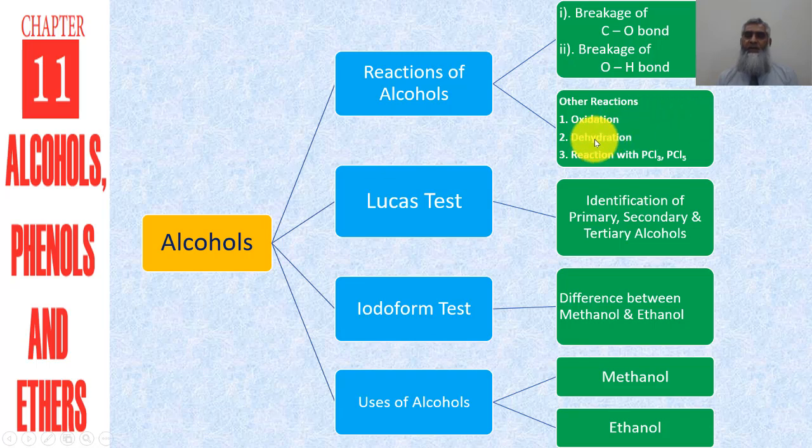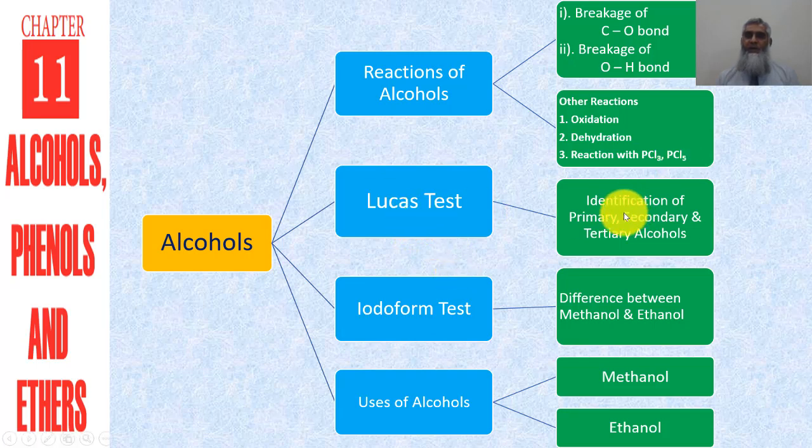Alcohols on dehydration produce alkenes on reaction with a dehydrating agent like sulfuric acid. Alcohol produces alkene and ethers at different temperatures. Alcohols also give different products by reacting with phosphorus trihalide and phosphorus pentahalide.